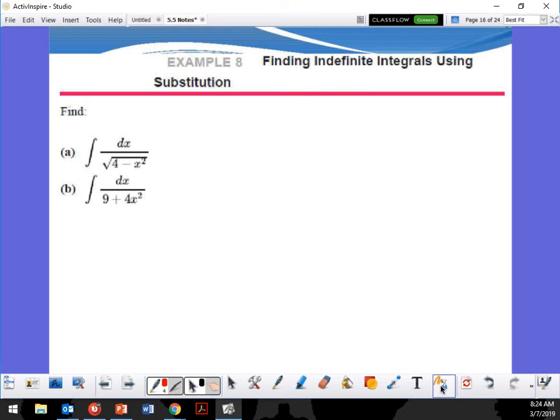I gotta take out a value. Okay, because there's a problem. I have to have 1, right? It's gotta be 1 minus. So for my sine, it's supposed to look like 1 minus.